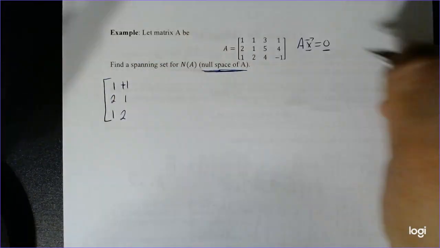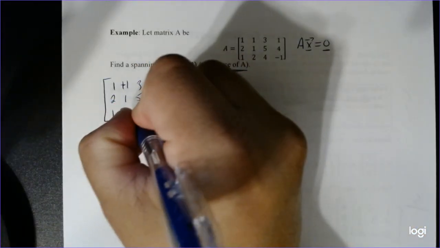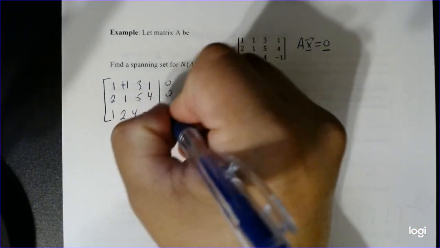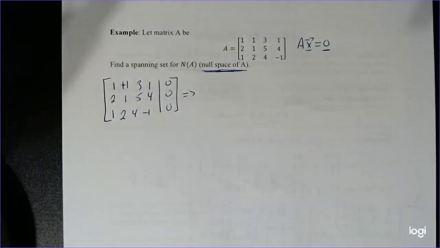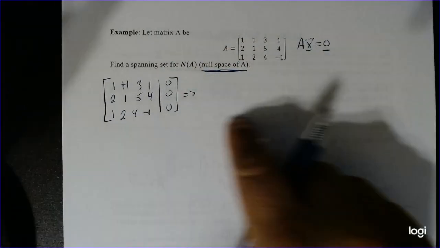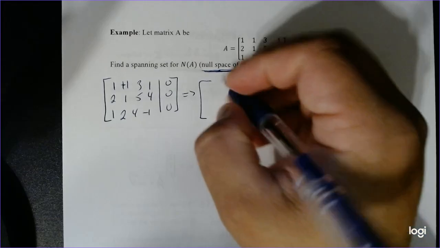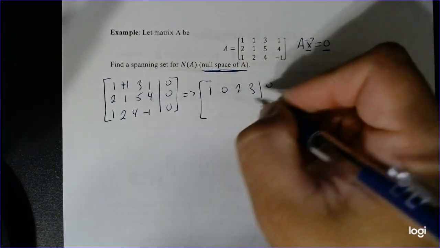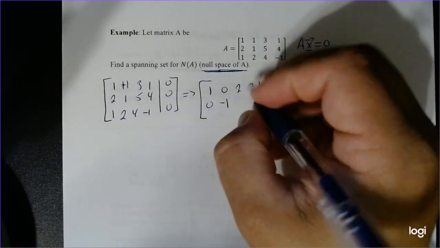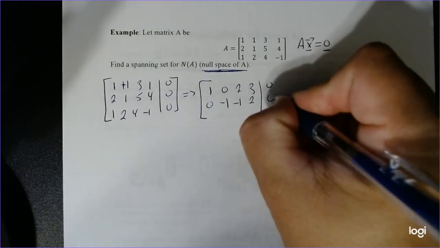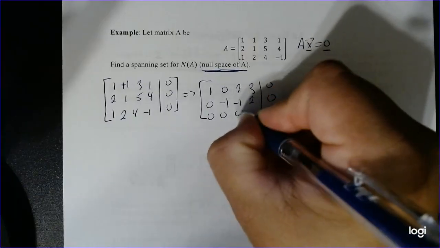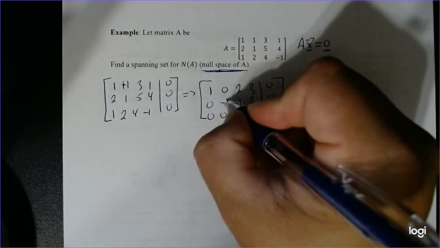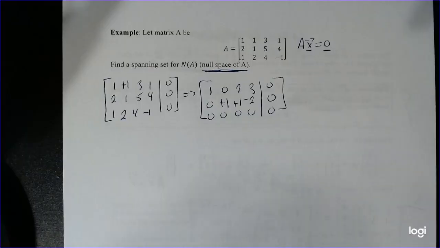1, 1, 2, 3, 5, 4. And again, after a little bit of manipulation, we eventually get this. And I'll change this here to make it look accordingly.